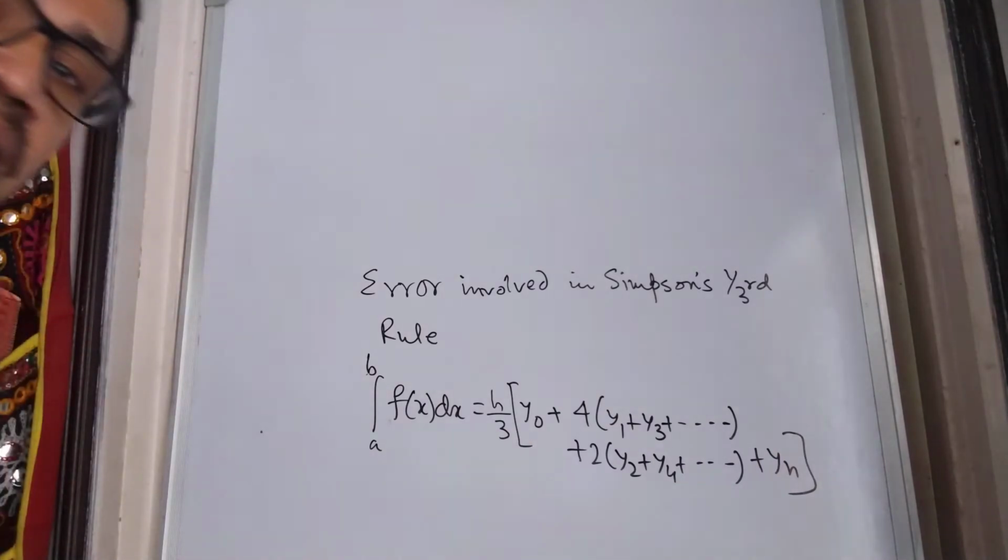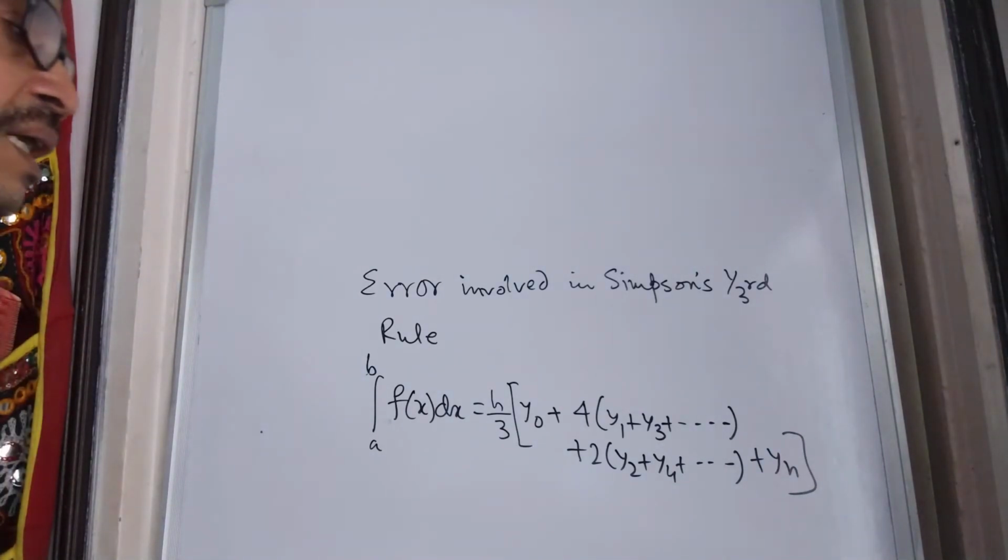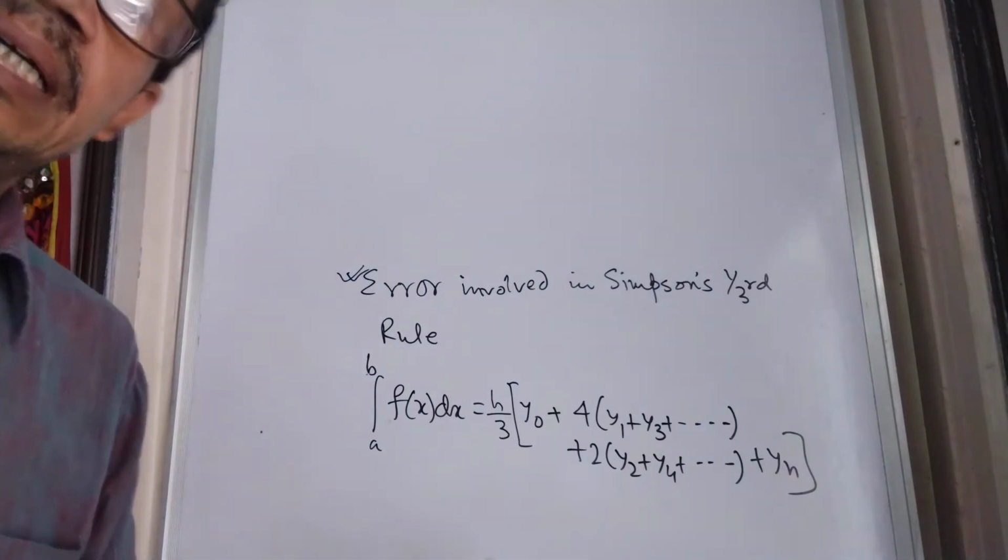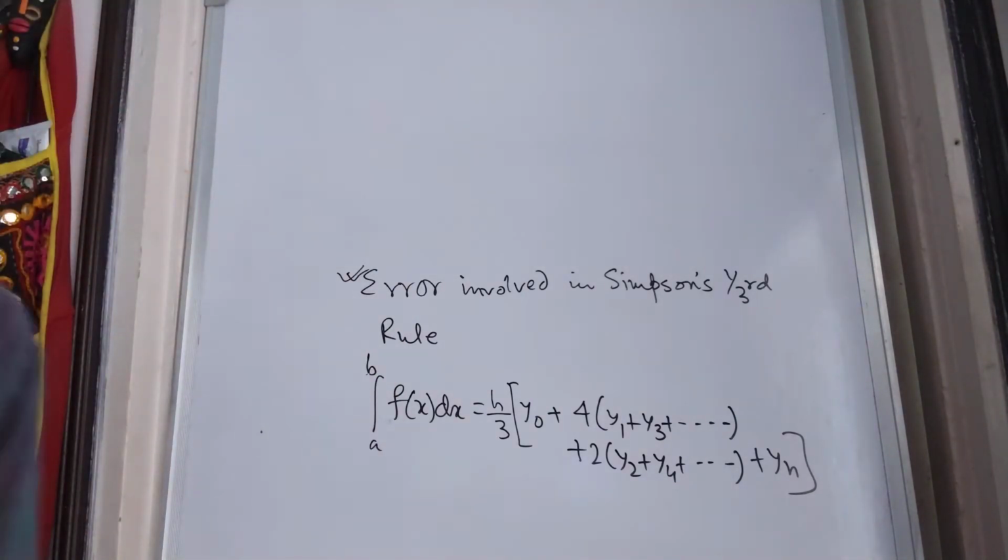This is Simpson's 1/3 rule, and we would like to calculate the error involved in this formula.